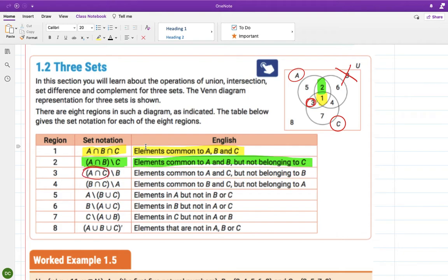A intersection C, and then you want to take away B. Okay, and then the next one down is number 4.